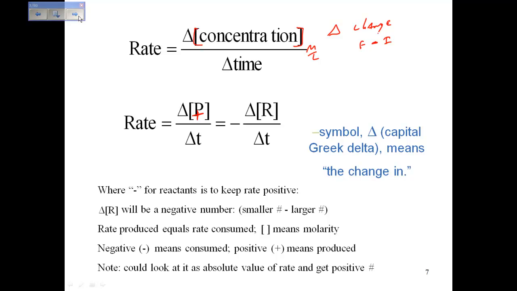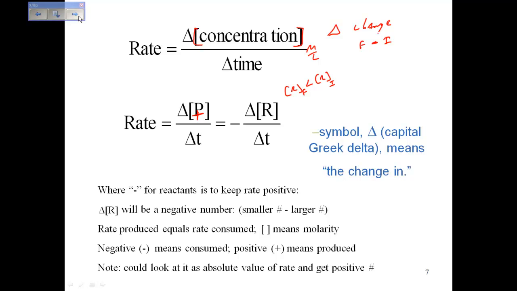However, when we talk about your reactants, you have to realize that your final concentration of your reactants is going to be less than your concentration of your reactants initially.